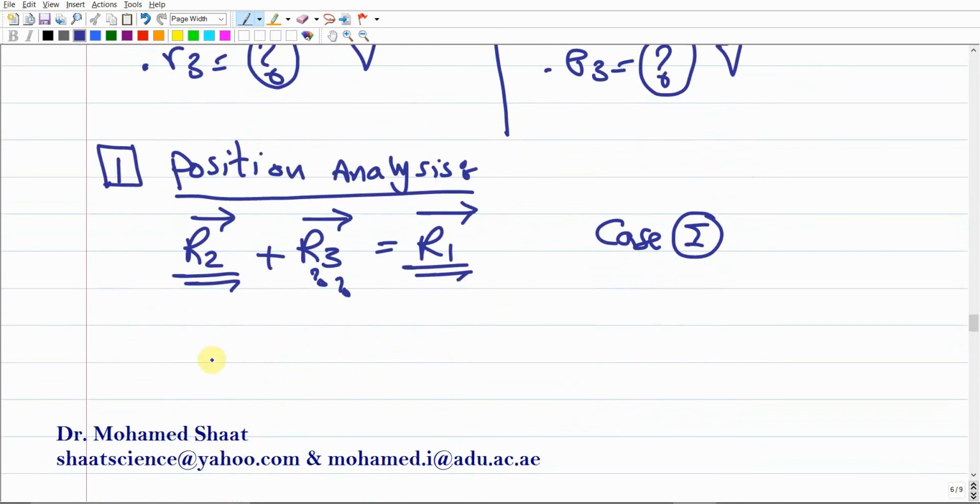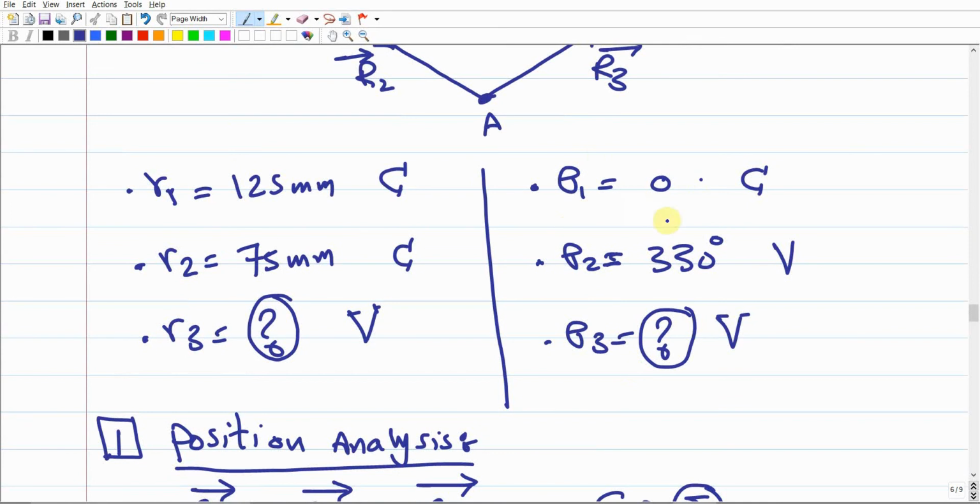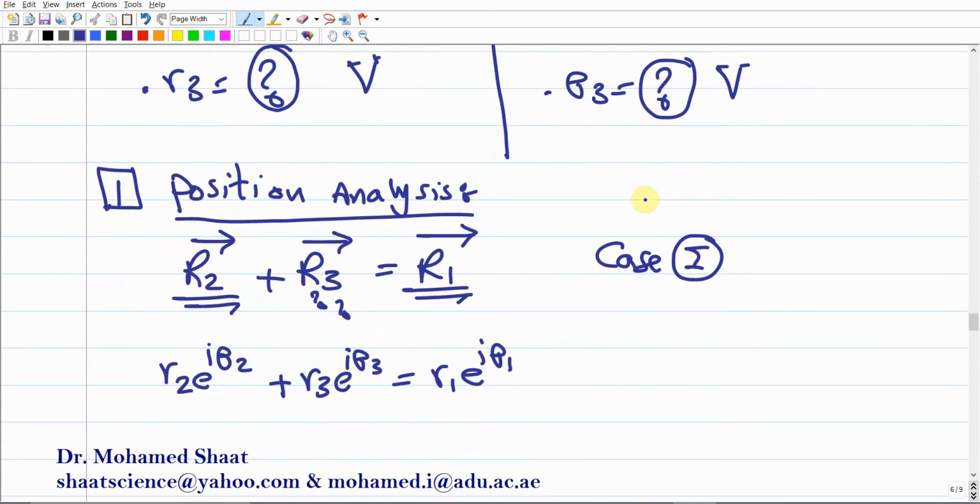Then what next? Your objective is just to rewrite these terms in their exponential form. So we're gonna have R2 e^(i theta 2) plus R3 e^(i theta 3) equals R1 e^(i theta 1). Make sense? Then we mentioned that in case you have one of the angles that is constant and is a common angle like 0, 90, 180, 270 degrees, and here we have theta 1 at 0 degrees, which is constant, it is better and it's gonna make the solution easy if you substitute theta 1 equals 0, and this is what we're gonna do.